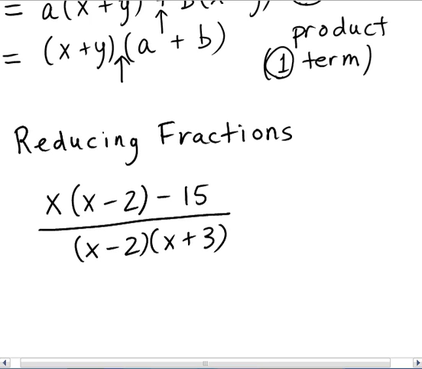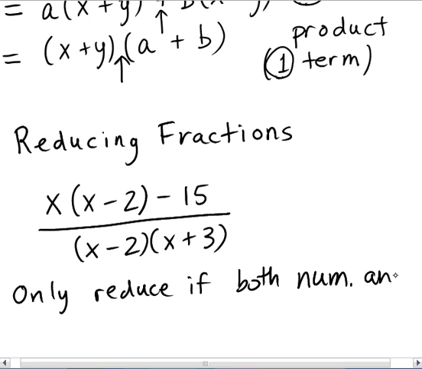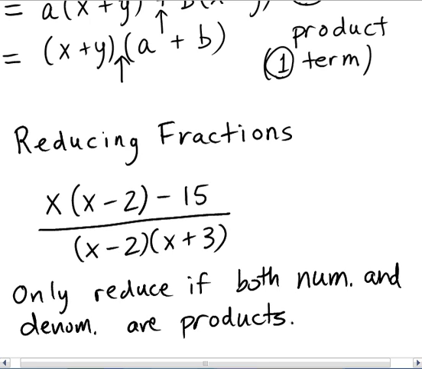One factor from the numerator and the same factor from the denominator. You can only reduce if both the numerator and the denominator are products. You cannot reduce until they are products.